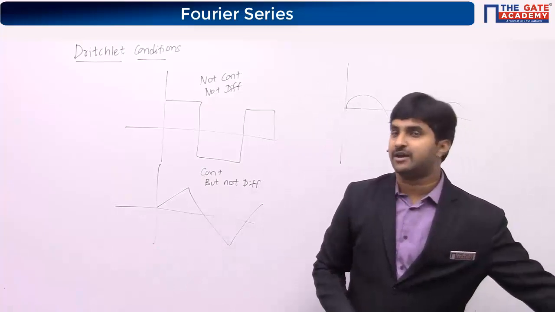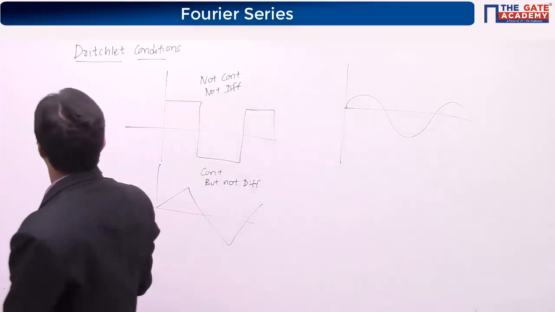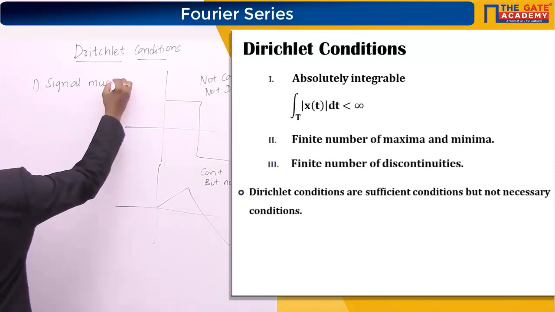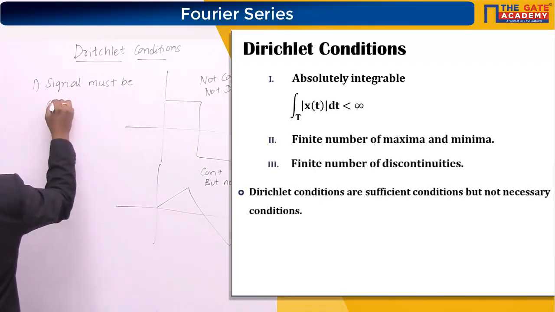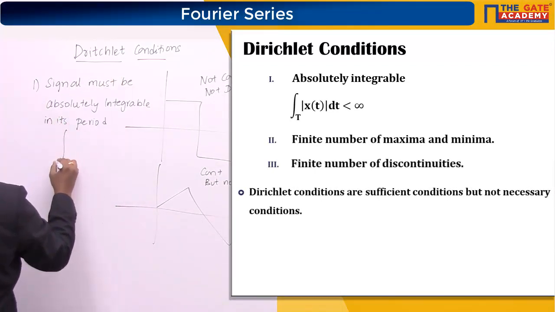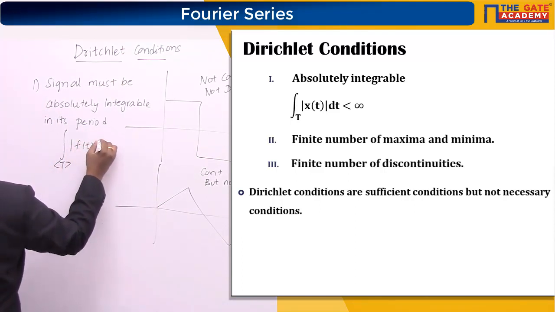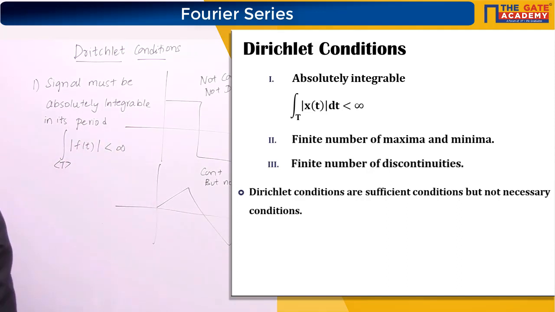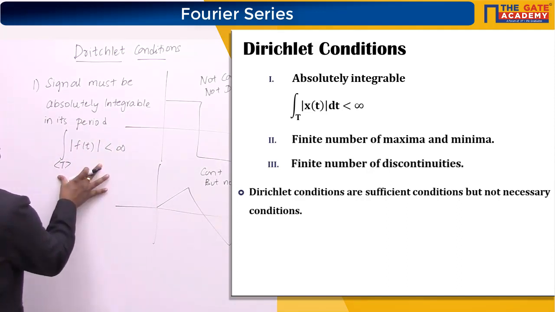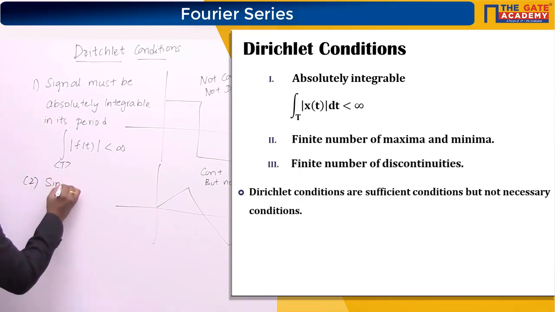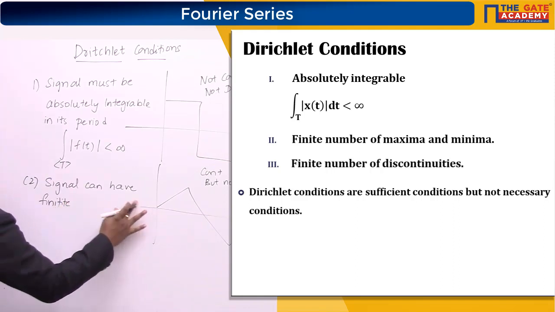So what are the conditions that he established? The first condition is that the signal must be absolutely integrable in its period. So in that period the function has to be absolutely integrable, and the integration in its period should be less than infinity. The second is that the signal must have finite discontinuities.